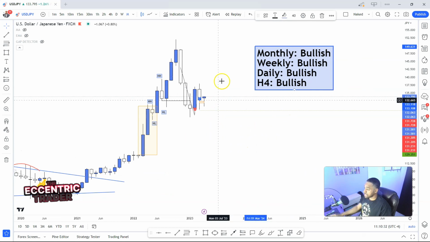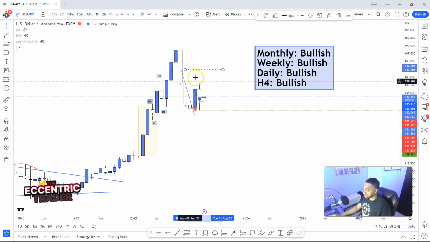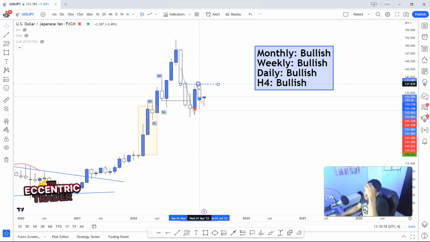And in order for it to continue this uptrend as far as the monthly, we want to see some type of bullish engulfing or bullish variation. And for a bullish variation, a candle should protrude this horizontal line right here.